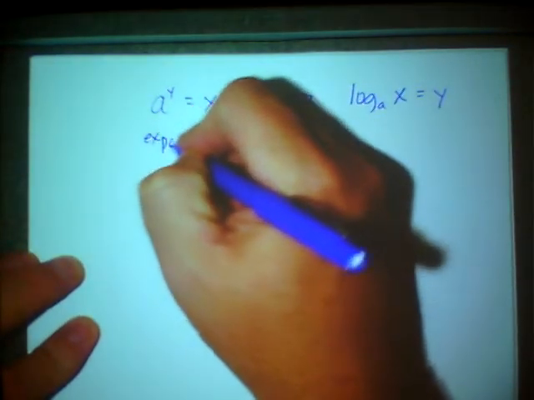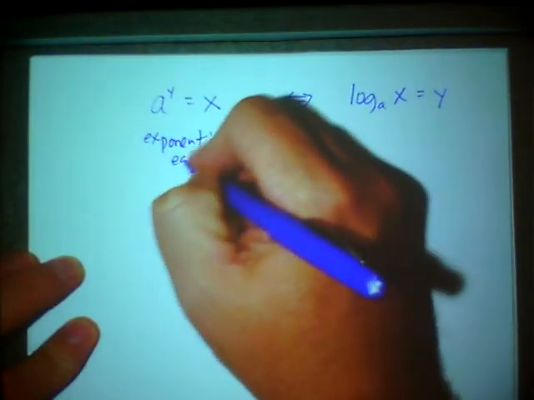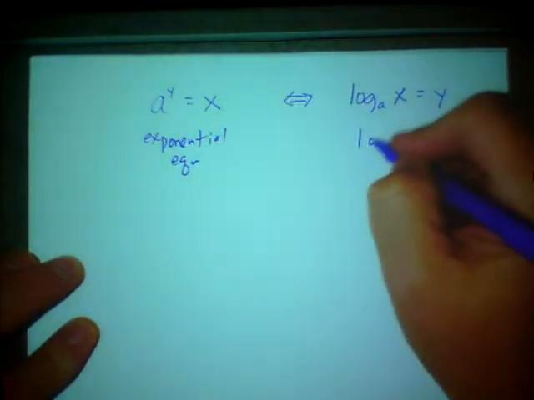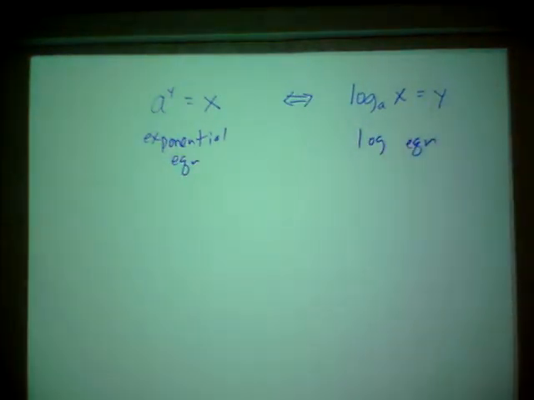This is called the exponential equation, and this is called the log equation. So normally, if you're given a log equation, the easiest and best way to solve it is to convert it or rewrite it as an exponential equation. And when we convert it to an exponential equation, we're able to solve it.